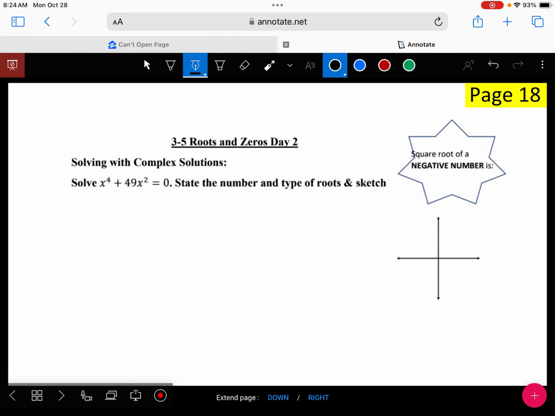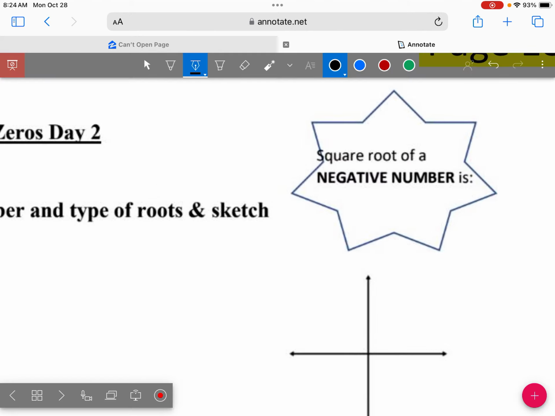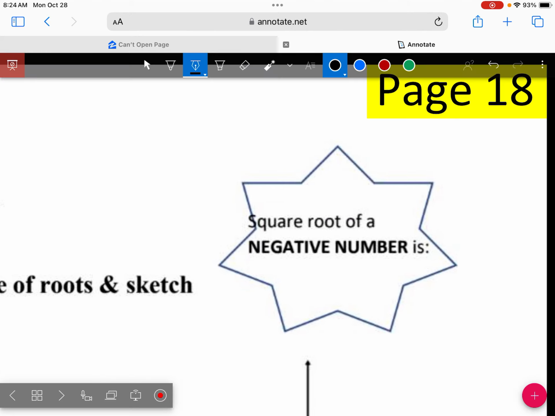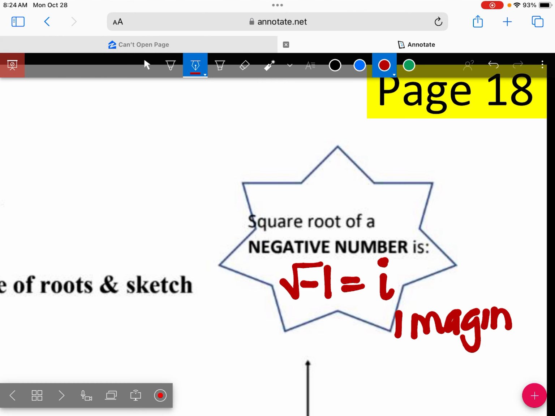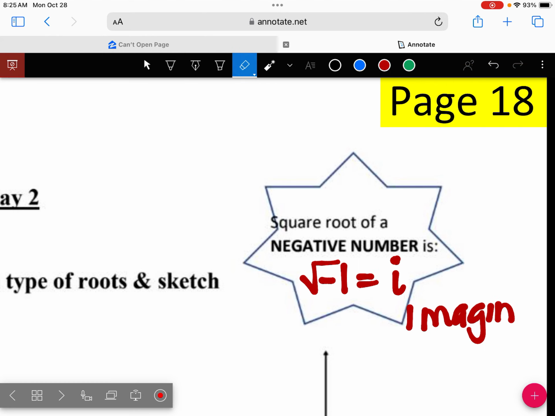So now let's look at page 18. And remember in this little box where it says, if you take the square root of negative 1, remember that that is equal to i. It's imaginary. So we talked about this earlier in the semester. I can't really remember.